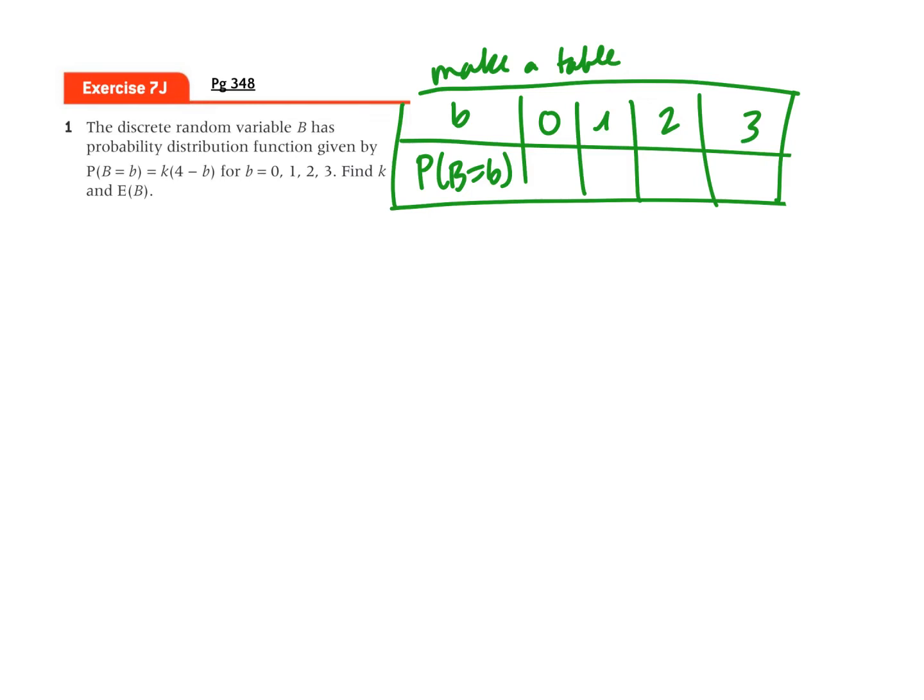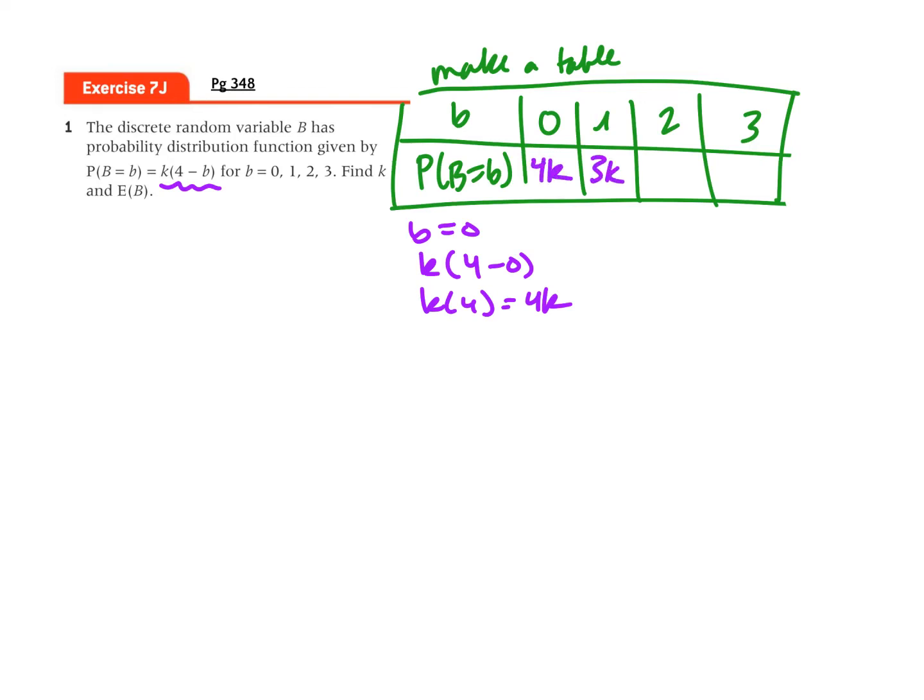Okay, I have this little equation, so I know some things, right? One thing I know is that if b equals 0, then I have k times 4 minus 0, which is k times 4, or 4k.